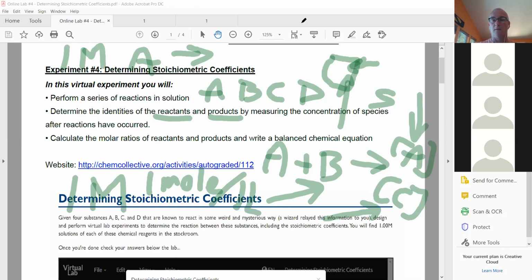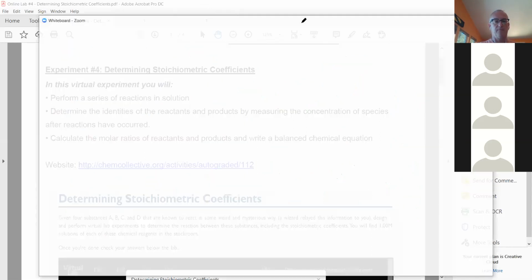All right, so here's our problem, basically. I've got 1 molar. That's my concentration of A. And remember, square brackets mean molar concentration.